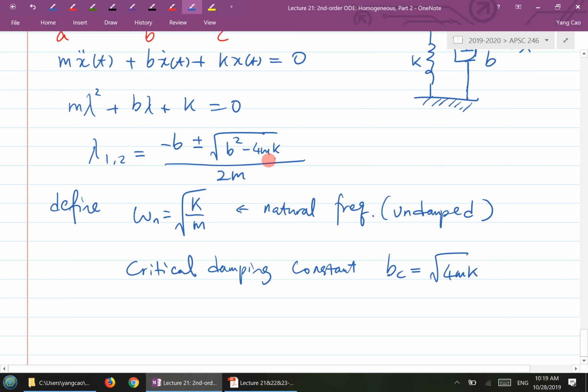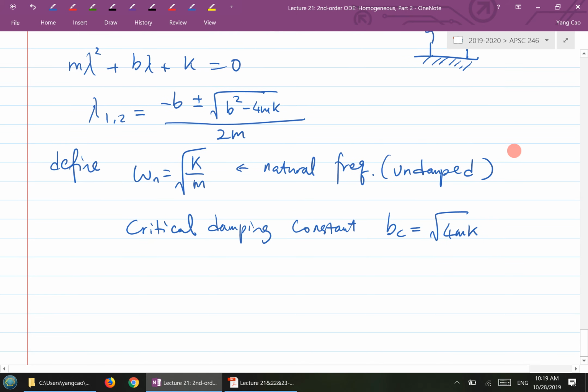So the square root of 4mk is called the critical damping constant. And the last definition introduces another symbol called zeta, the Greek letter zeta.